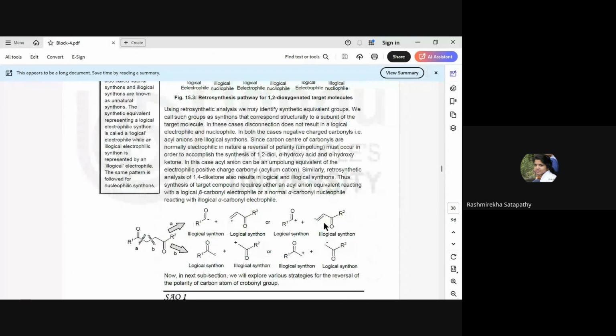As I told you here, the starting compound breaks and two synthon molecules are formed. Either this is negative and this is positive, or this is negative and this is positive.